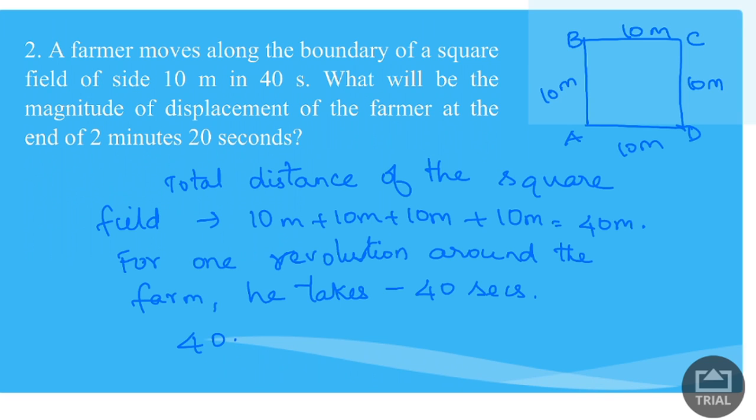So for 40 meters, he would have taken 40 seconds. That means 1 meter per 1 second. So the question is, what will be the magnitude of displacement of the farmer at the end of 2 minutes 20 seconds?